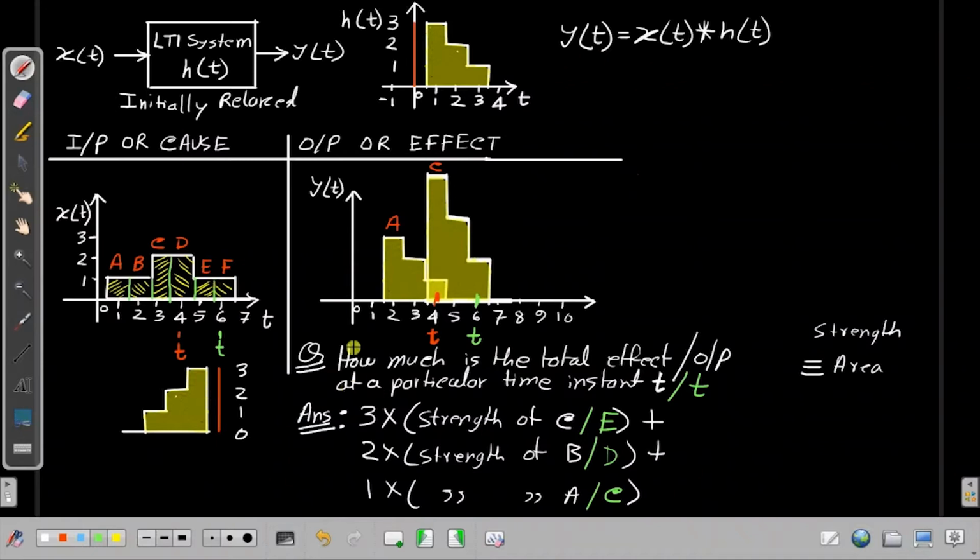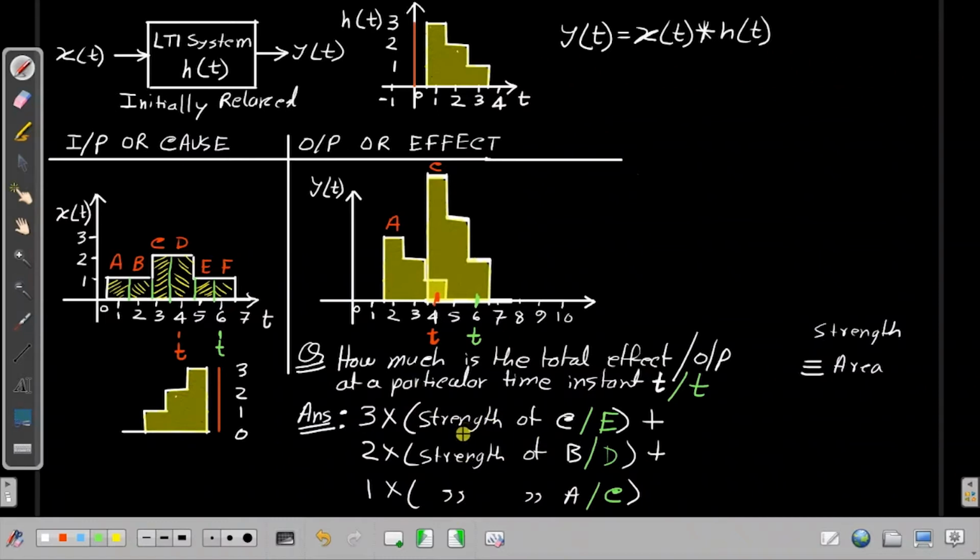Now in this demonstration I have one problem, that is these slices that I have taken are not infinitesimally narrow, and therefore when you sum the effect of these slices in this way, you will get some error.